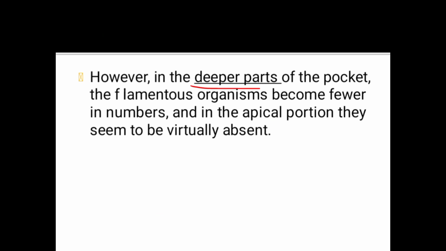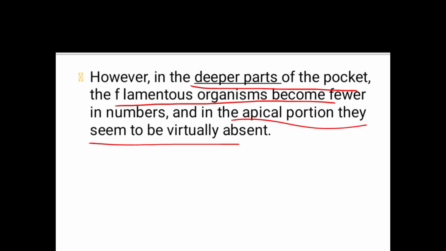However, in the deeper parts of the pocket the filaments become fewer in number, and in the apical portion they seem virtually absent, because not all bacteria can survive the anaerobic conditions, the nutrient availability also changes, and the host response also occurs.